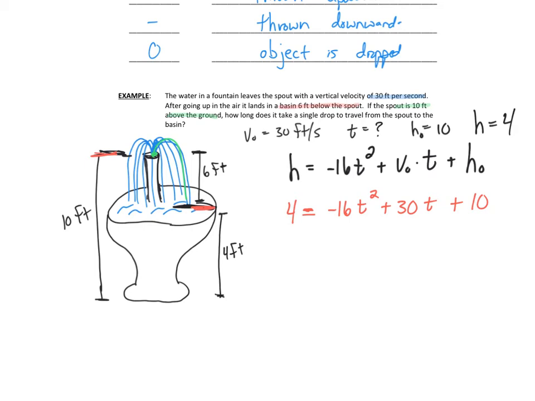That's where we want to end. So if we're solving this, we have to make this equal 0. So 0 equals -16t squared plus 30t plus 6. So that's 6 there, 6 feet above the basin. That's where this comes from.